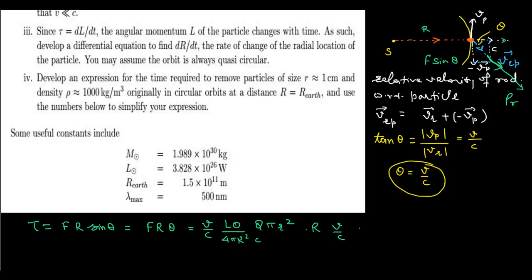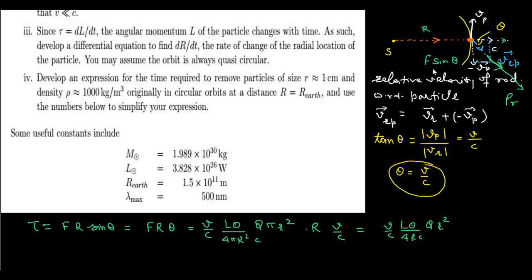And solving this we will get V by C into solar value, this is L, 4RC into QR square. Clear? Now if you watch this diagram carefully, you can also observe that the direction of angular velocity here in this situation is towards you, and the direction of torque corresponding to this force is away from you.